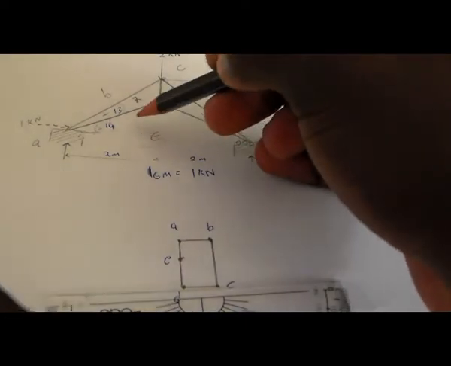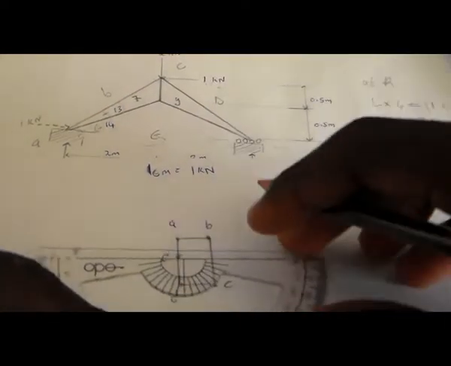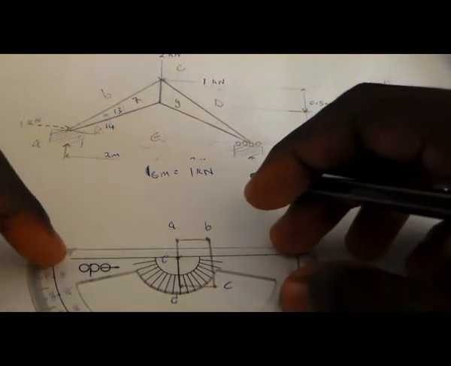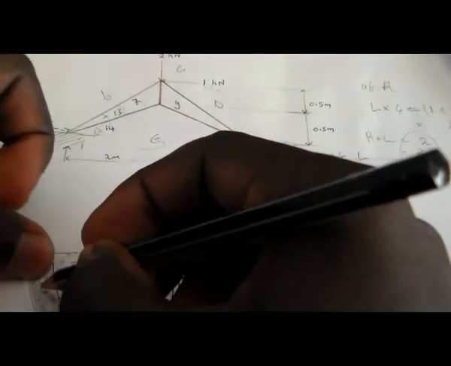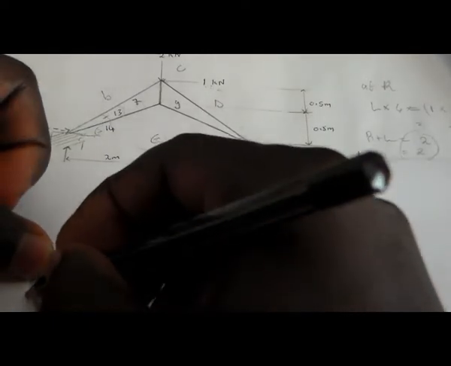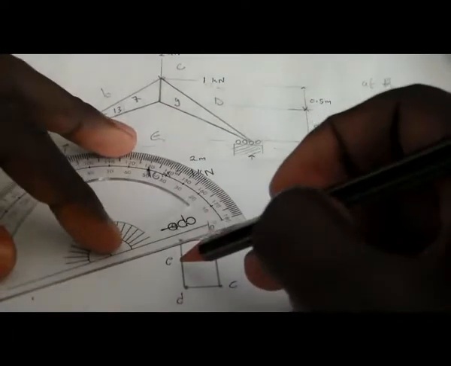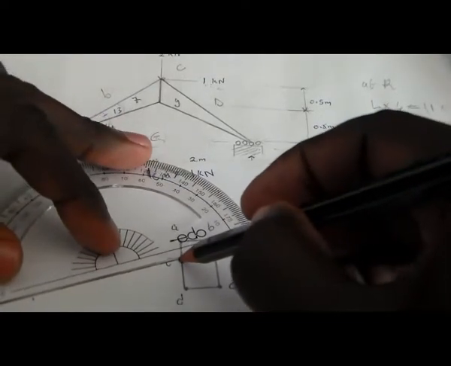That means from E here we're going to measure 14 degrees. So we could draw this line of 14.